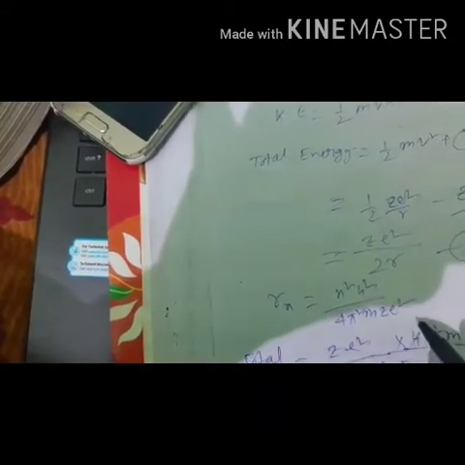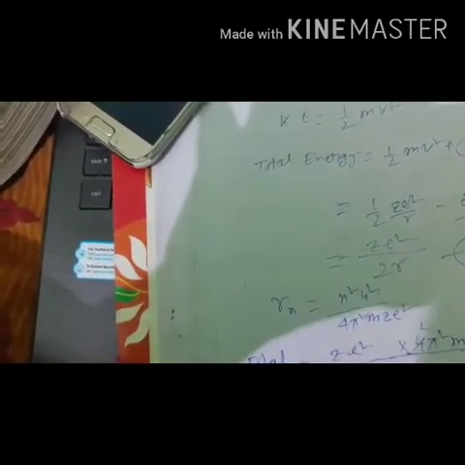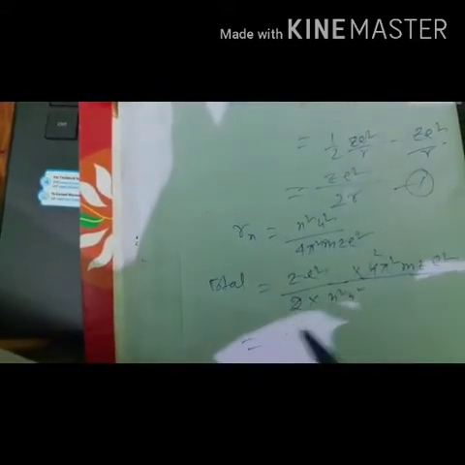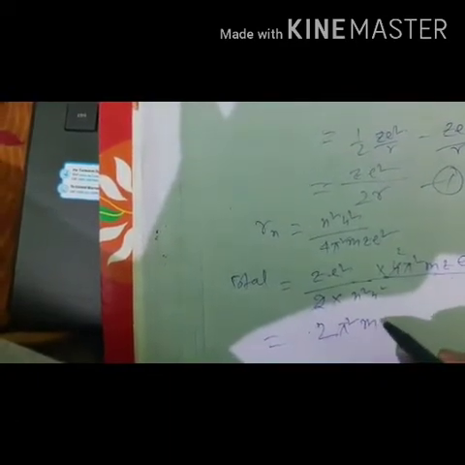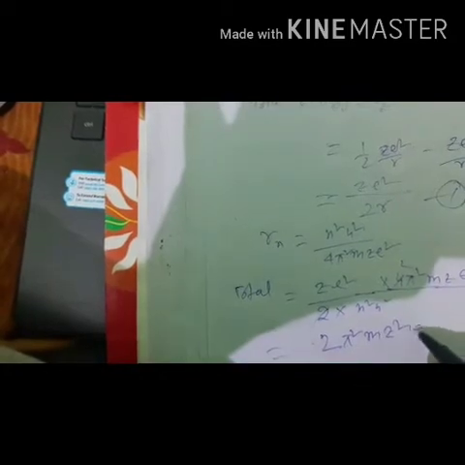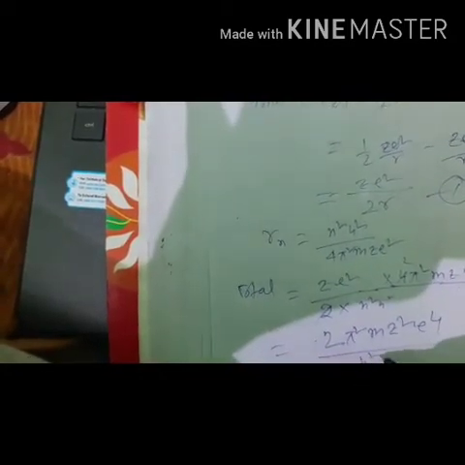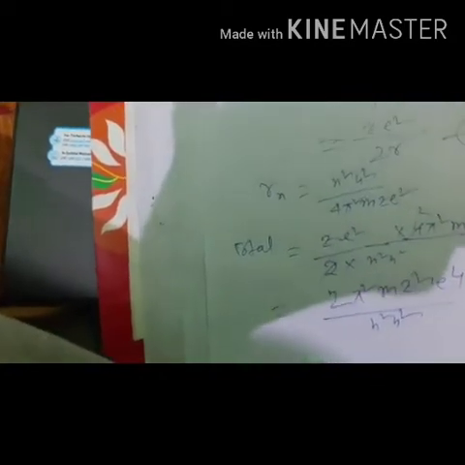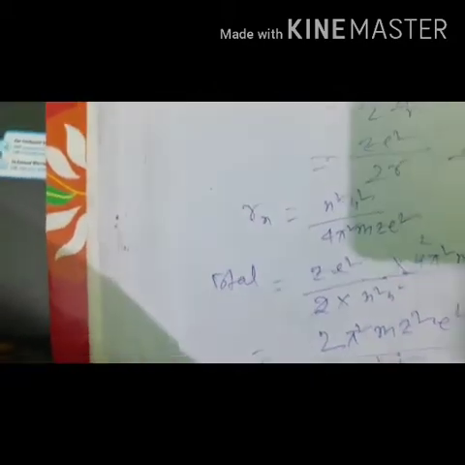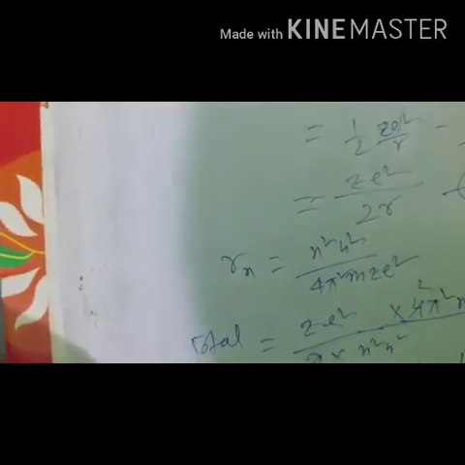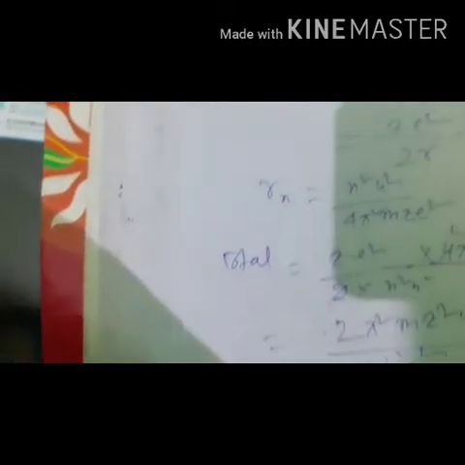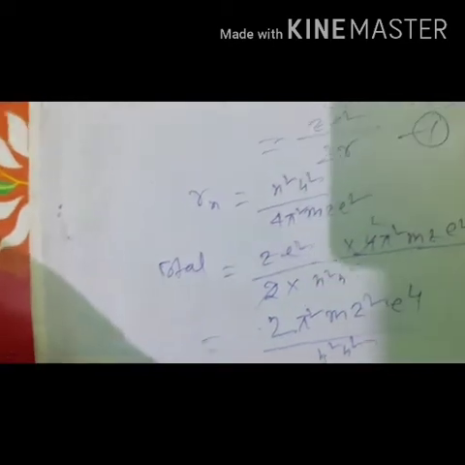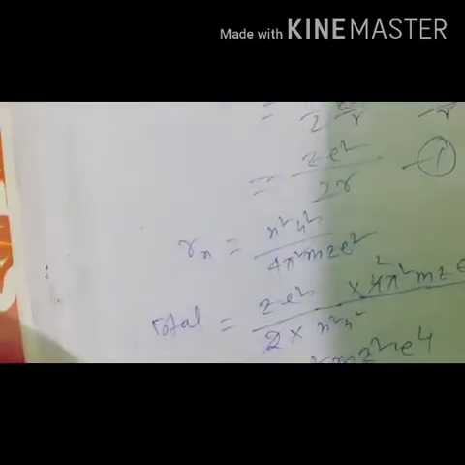Now 2 and 2 will cancel here, and it will be minus 2 pi square m Z square e to the power 4 divided by n square h square. That would be the general expression for the calculation of the energy of the electron revolving in the nth orbit.